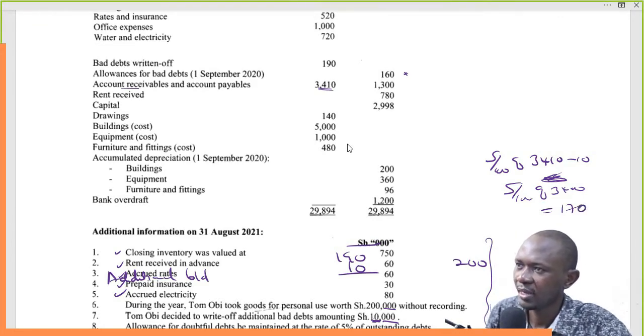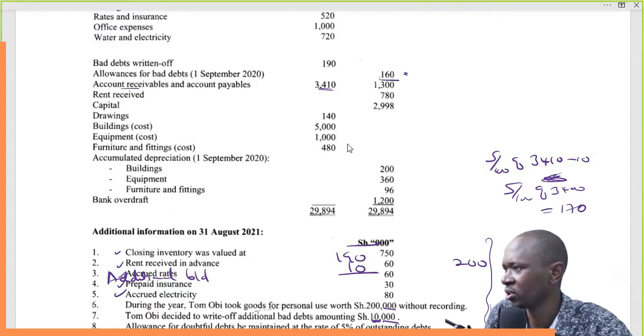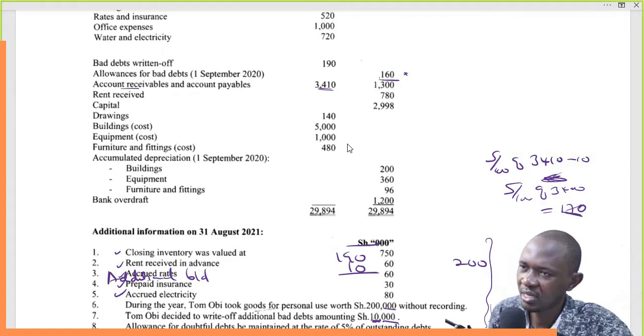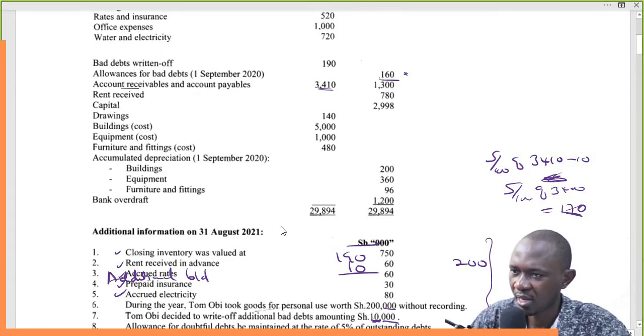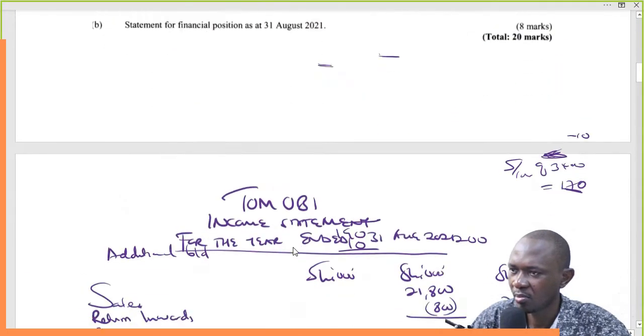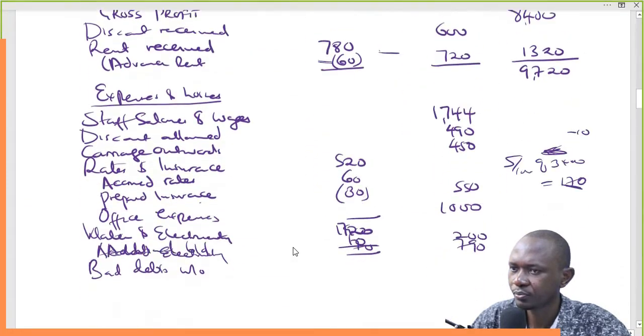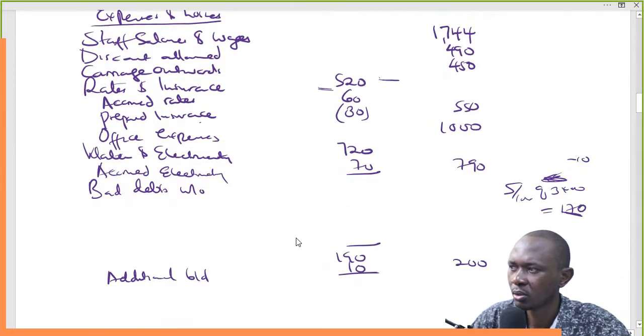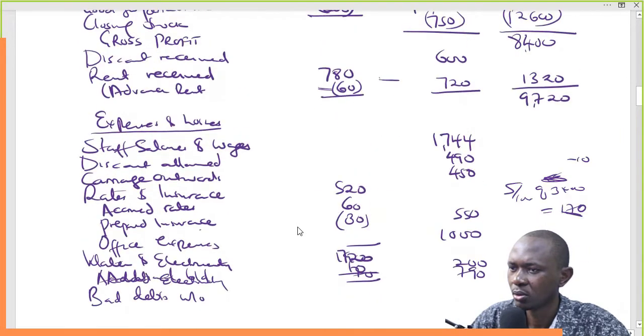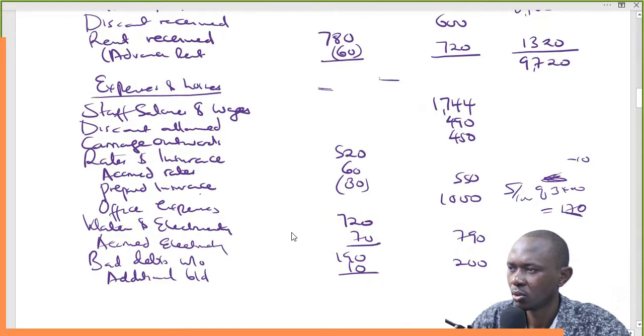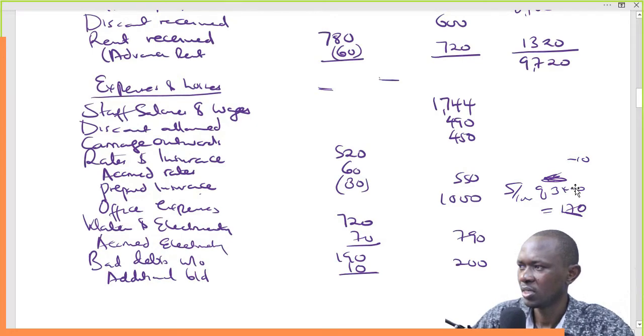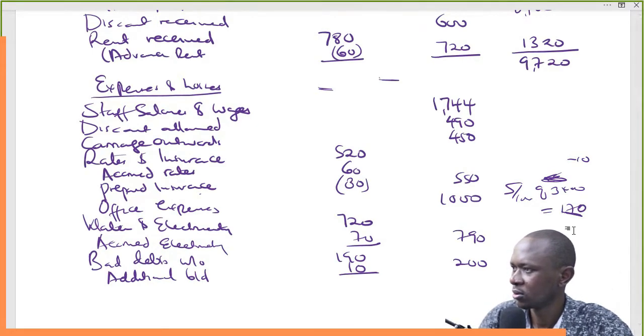So the allowance for bad debts is 160, but now with the new provision it will take it to 170. So there's an increase by 10. If it's an increase, we simply debit the P&L account. So we come here and debit. So there's an error here.